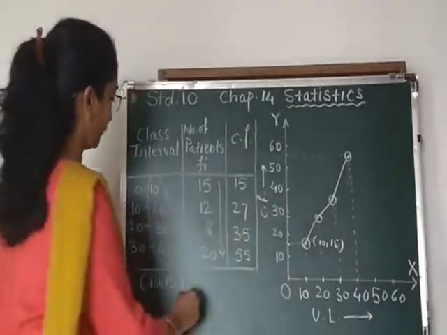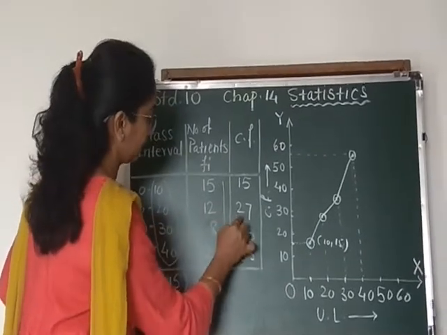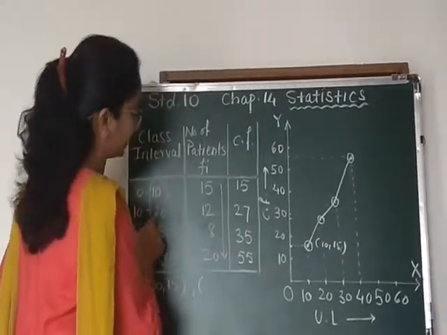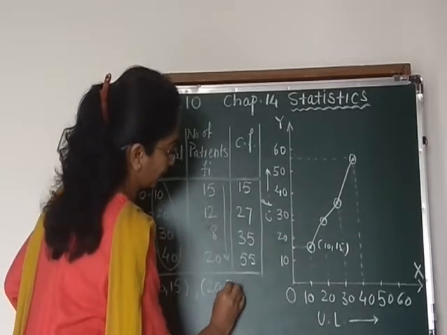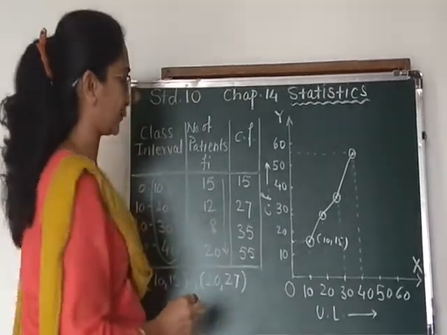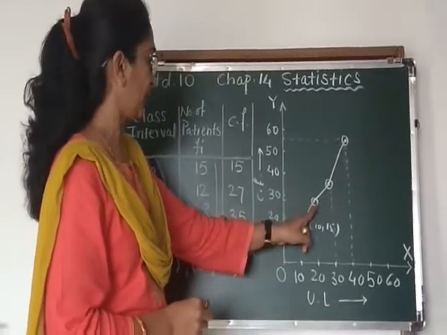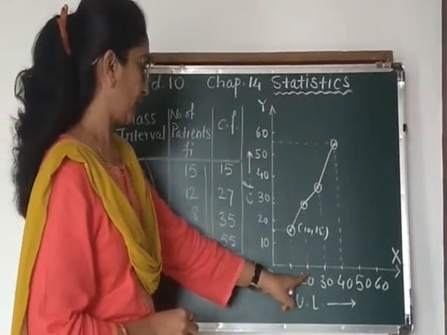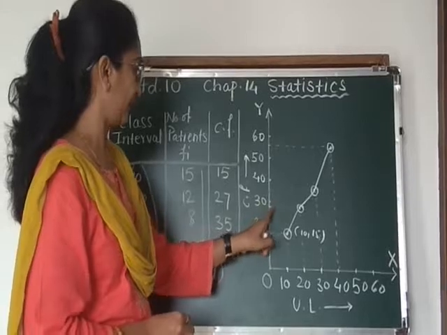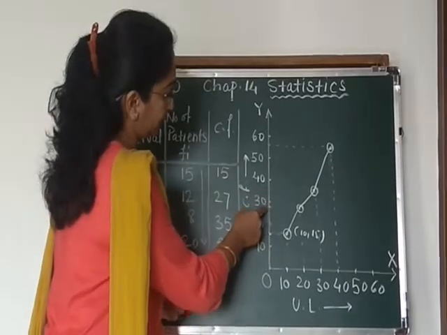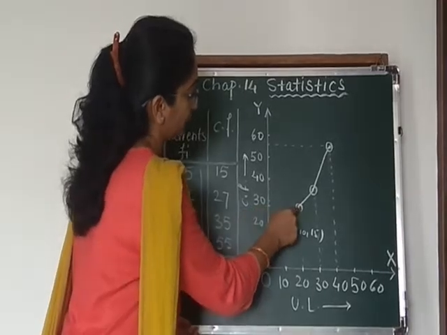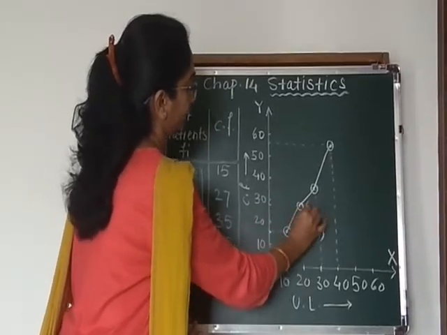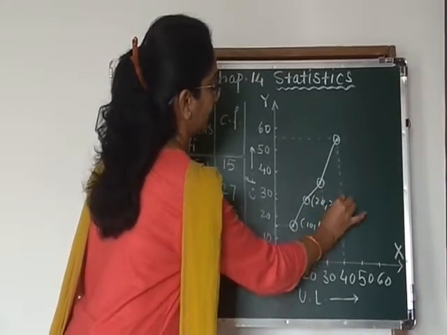Now the next point is 20, 27. That is the upper limit and the corresponding cumulative frequency. These are the coordinates of the next point. So 20 on the x-axis and 27 here. So here you will get the point 20, 27.